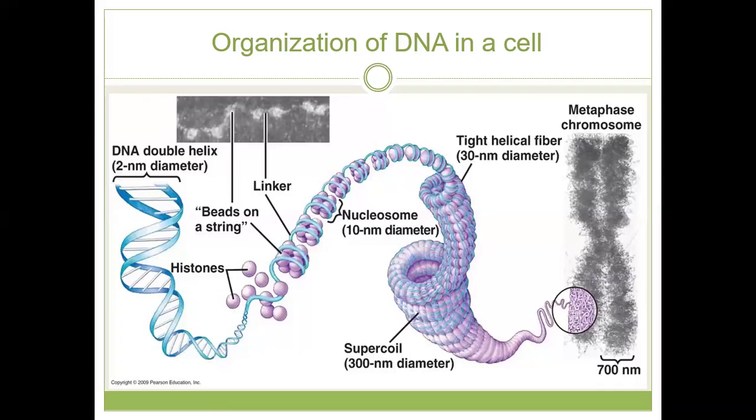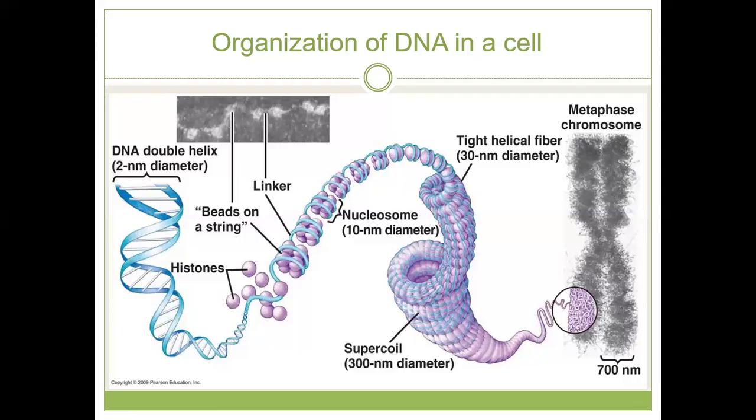Because of the negative charge in the phosphate group. And we know that like charges repel and unlike charges attract. So this is just another approach of making this binding very tight between the two molecules.